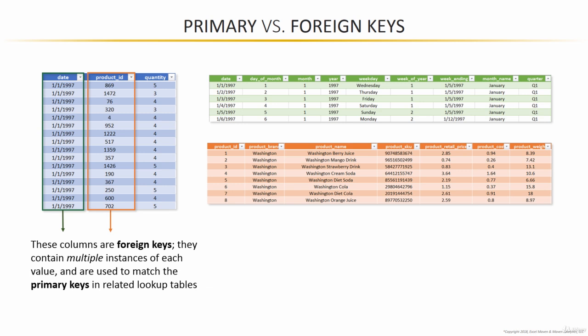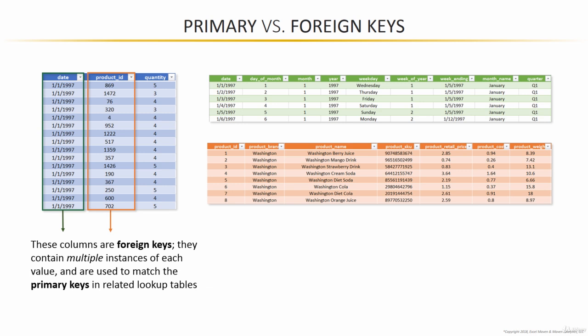They're keys because they're used to create relationships with our lookup tables, and they're foreign because they contain multiple instances of each value. And this is the case with many data tables. Here we have multiple transactions and multiple quantity values per day, and multiple transactions and quantity values per product ID.